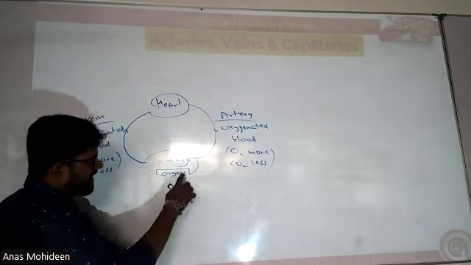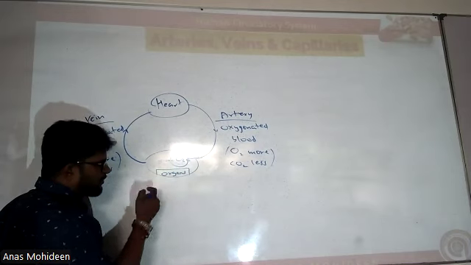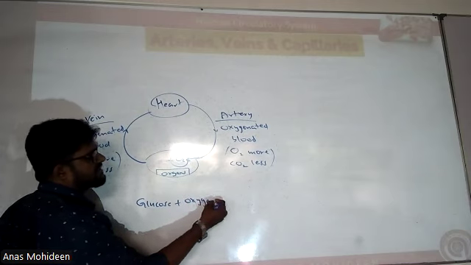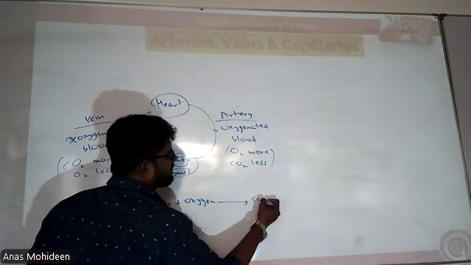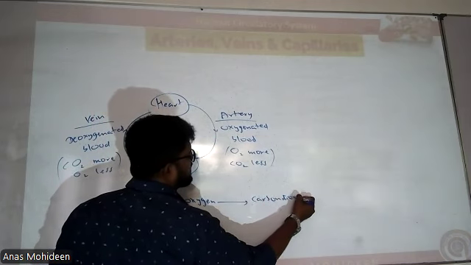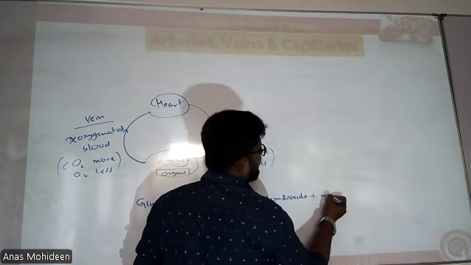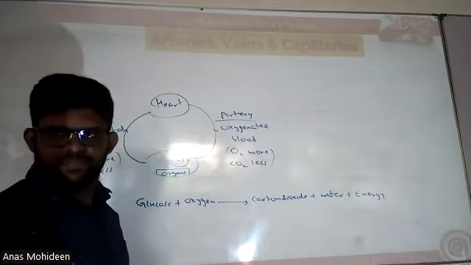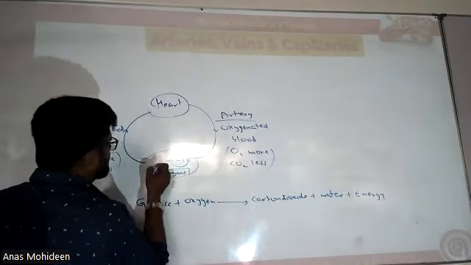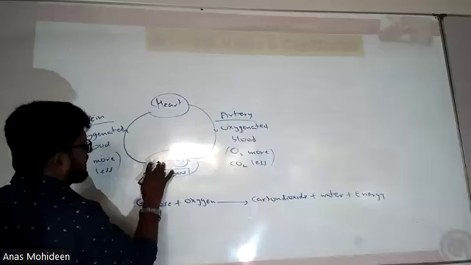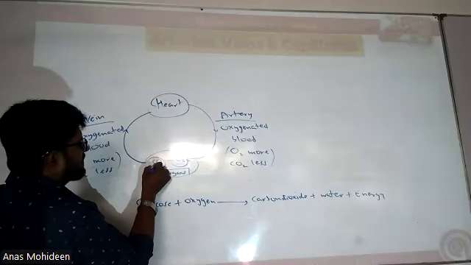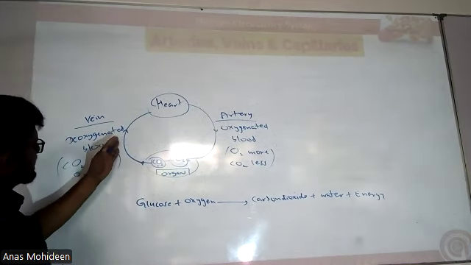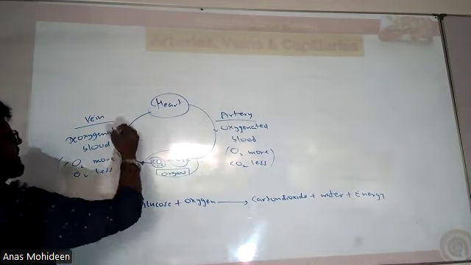Cellular respiration means that in the presence of oxygen, glucose in the body breaks down into carbon dioxide, water, plus energy. So this carbon dioxide and water is given out again. This carbon dioxide containing blood, deoxygenated blood, is taken back to the heart.